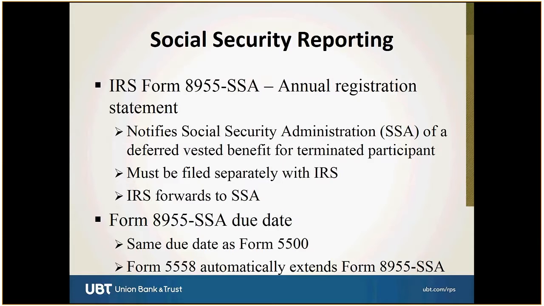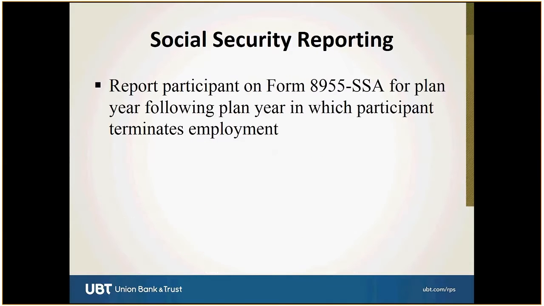The due date for the 8955 SSA is the same as the Form 5500, and you can extend it out another 2.5 months using that Form 5558. So in that respect, it mirrors the deadlines for the 5500.